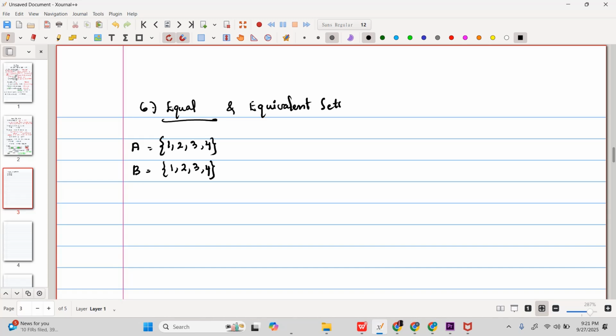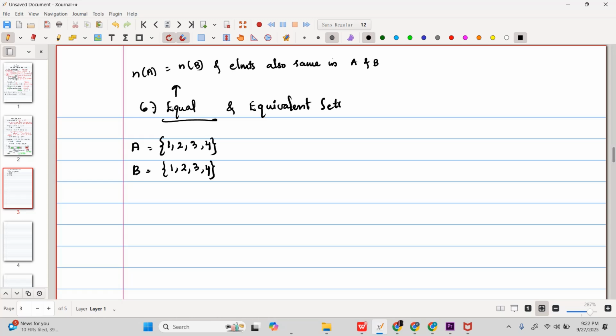Then we will say that they are equal sets. So equal sets means n of A and n of B must be the same and the elements also the same in A and B. Then we will say that they are equal sets.